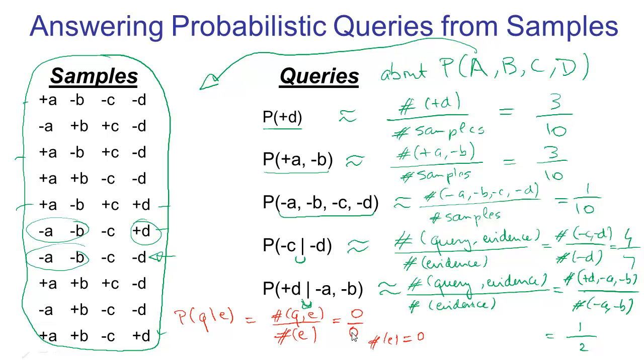Note that there's something interesting going on here. Whenever we are asked for a conditional probability query, the only samples that participate in this estimate are those samples that are consistent with the evidence.